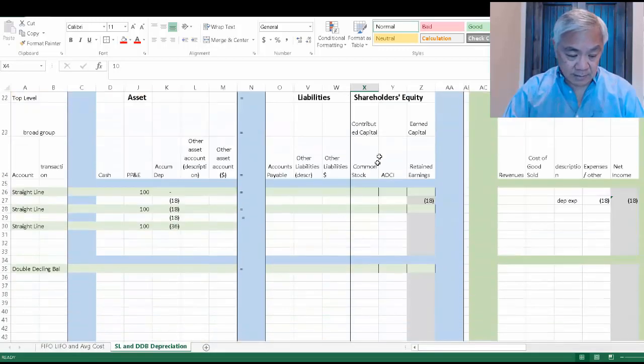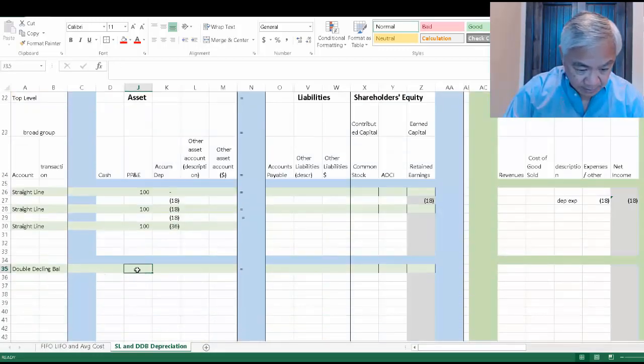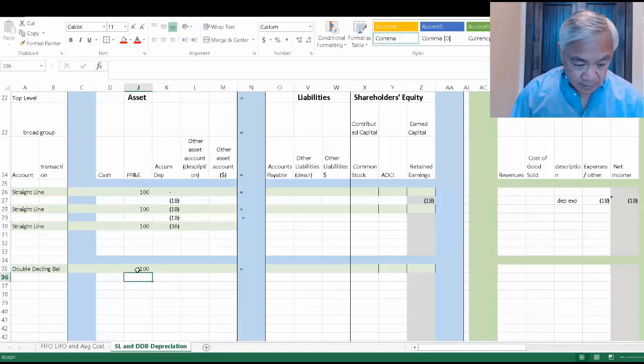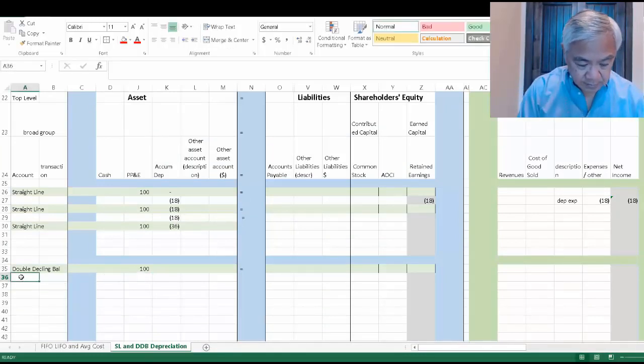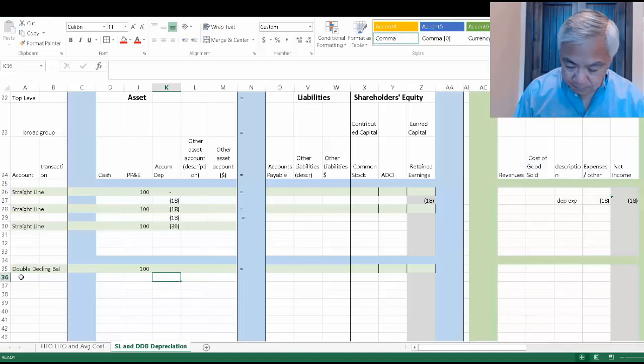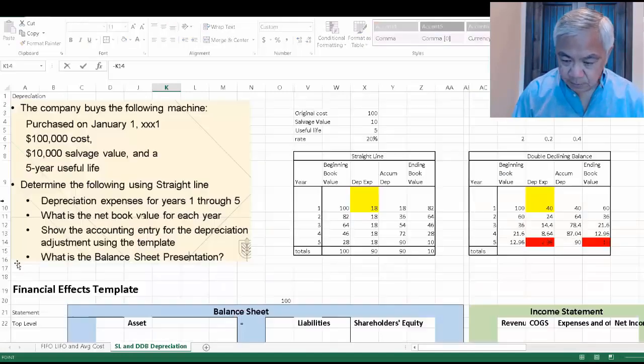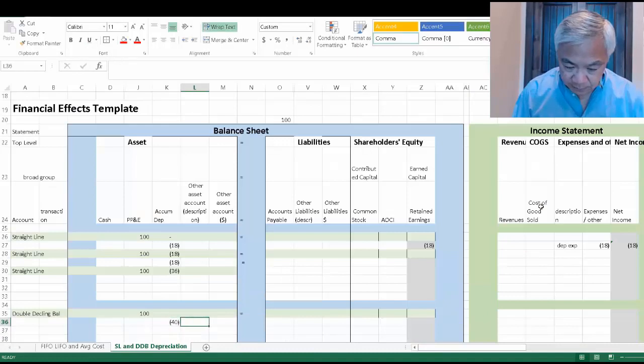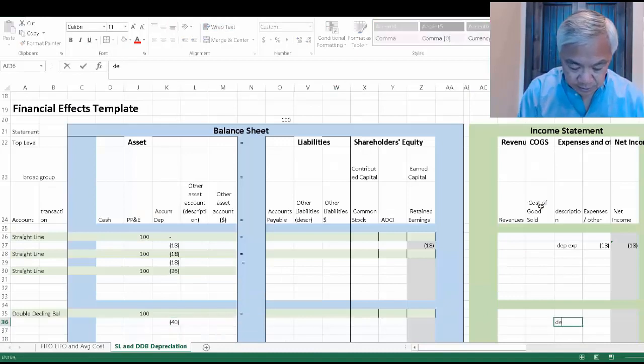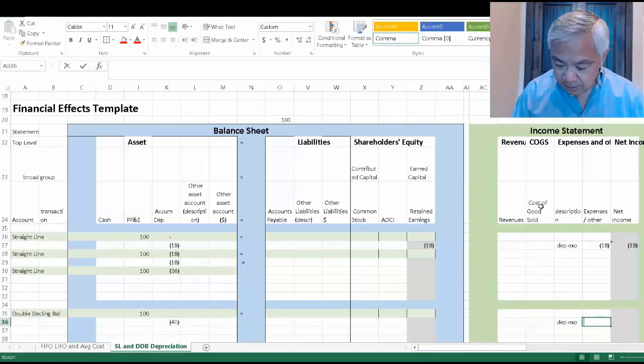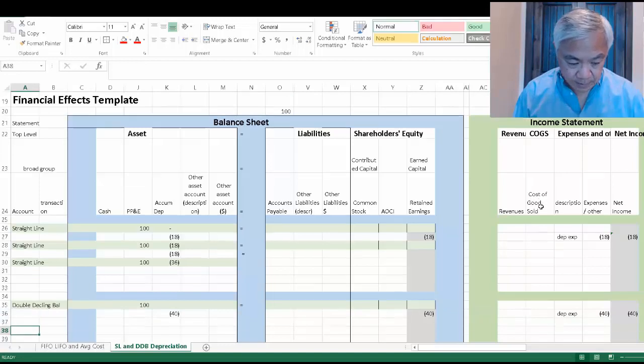All right, so let's try the same thing we just did. The under declining balance is 100,000. This year's depreciation is minus 40. I'll just go up here and remind us. It's minus this number. Okay, so minus 40, and over on this side, depreciation expense minus 40. And so we're good, right?